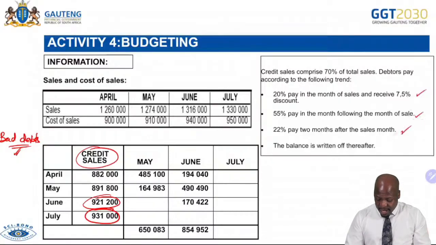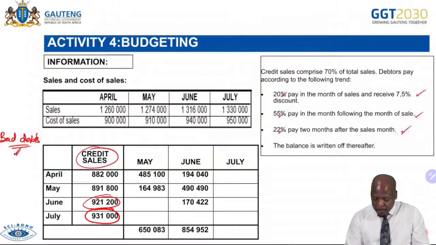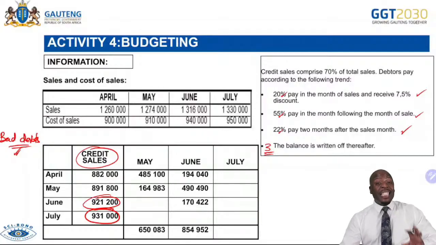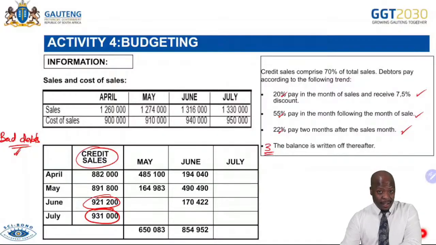So you already understand that the balance is written off thereafter. If you say 20 plus that, and subtract it from 100, the balance becomes 3%. That's your bad debts. The examiner can test you on some of these things to calculate the amount of bad debts to be written off. Please take note of that.